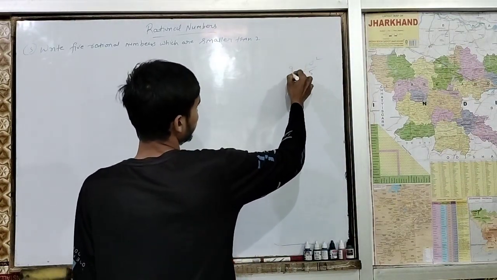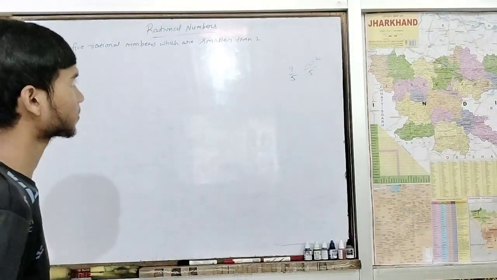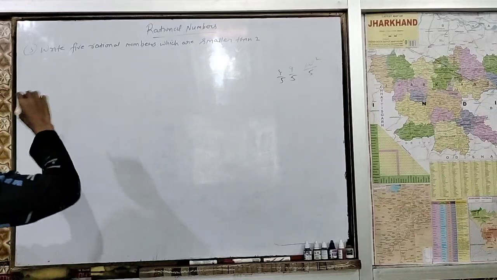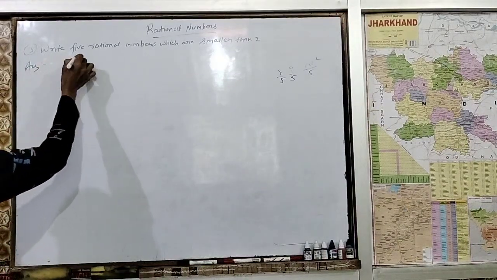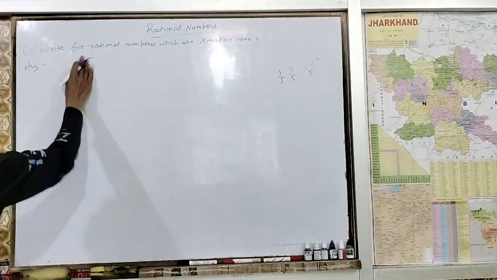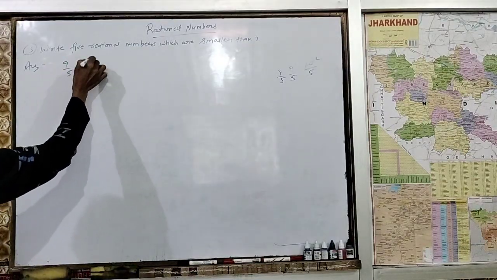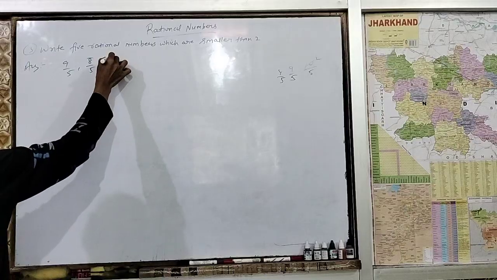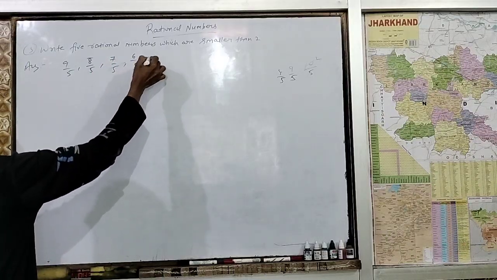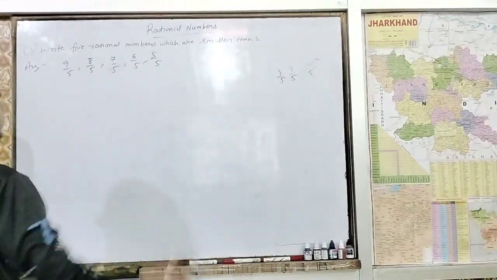So less than it would be 9 upon 5, then 8 upon 5, 7 upon 5, then 6 upon 5, then 5 upon 5, or you can say 4 upon 5. All these are rational numbers which are less than 2.